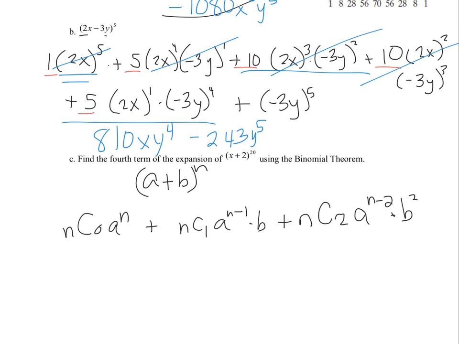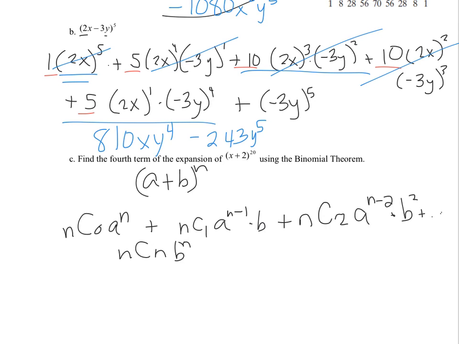And then all the way to the last term, which is going to be dot, dot, dot, plus n choose n times, actually, I don't want to do a because I was going to write a to the 0, but I don't need to write a to the 0. So I'm going to write b to the n, because a to the 0 just cancels out.